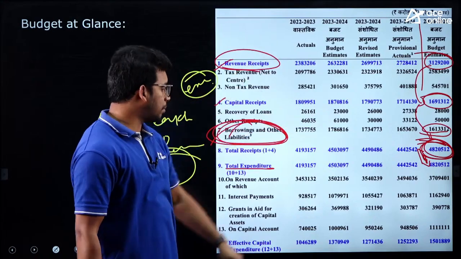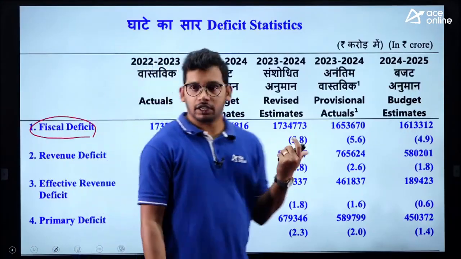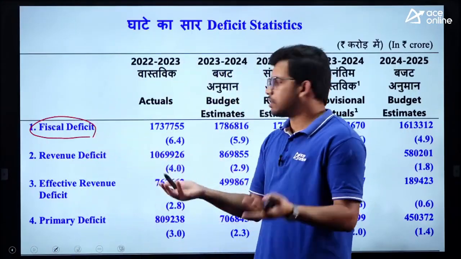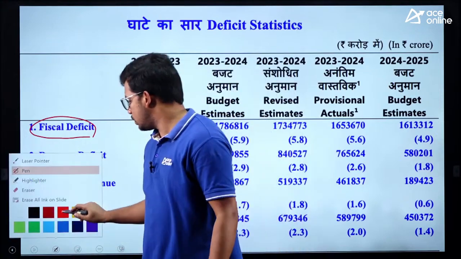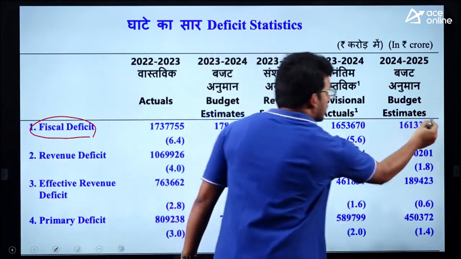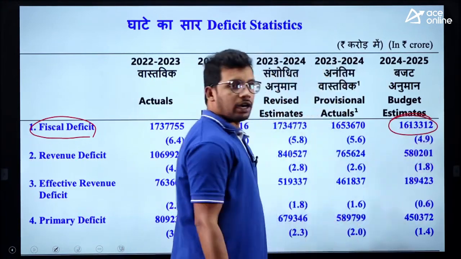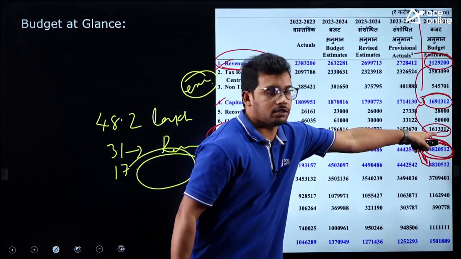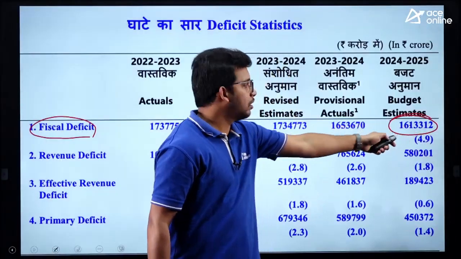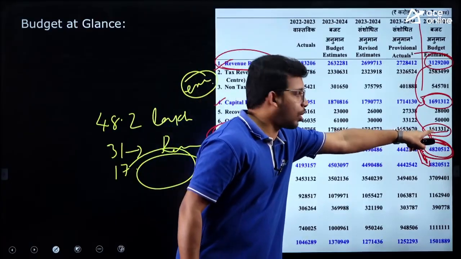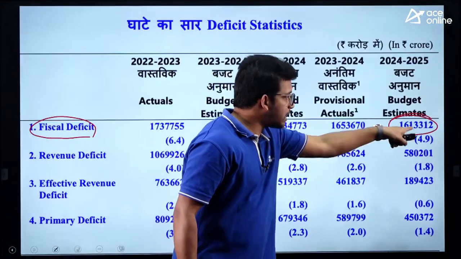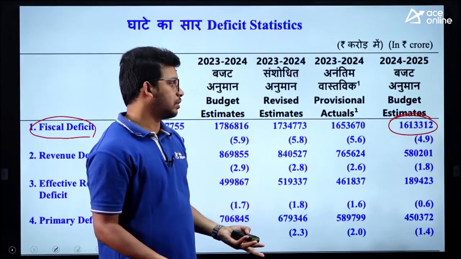Fine, you need to remember these figures. Next, deficit. Fiscal deficit means whatever the borrowing in that particular year. You can see here the government is going to borrow 16.1 lakh crores. So the same thing, borrowings, the same number will be here. This is what the government is borrowing, as they don't have the budget. The same one is nothing but the fiscal deficit, right.